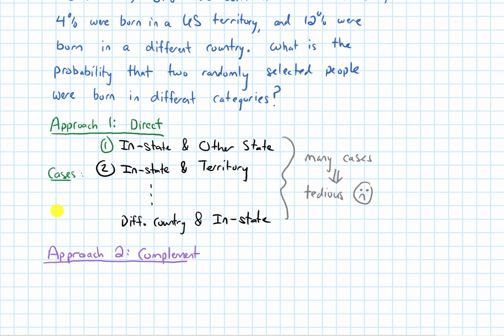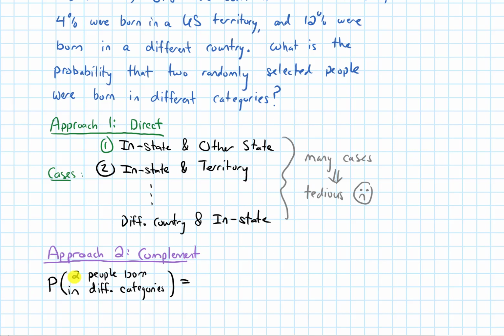Okay, so what we're after is the probability that two people are born in different categories.